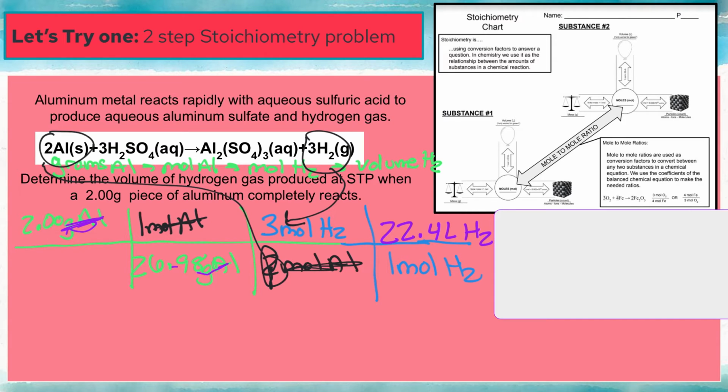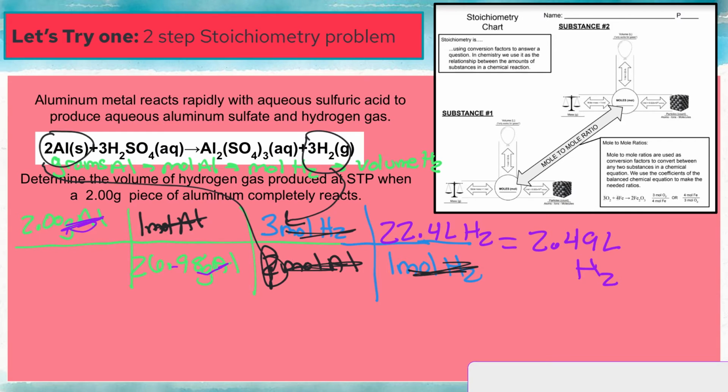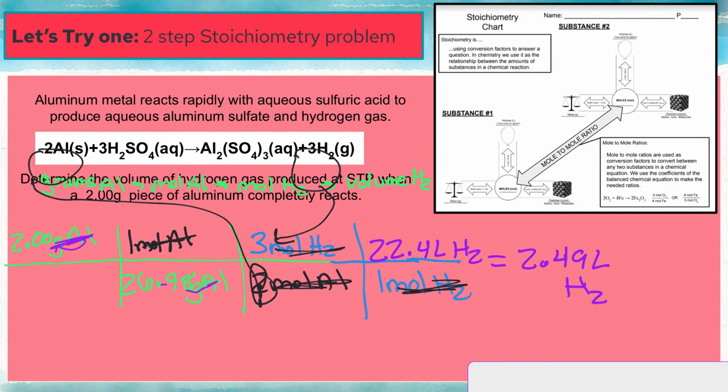So I use my 22.4 liters of hydrogen per 1 mole. And so my moles of hydrogen cancel. When I put this in the calculator, I get 2 divided by 26.98 times 3 divided by 2 times 22.4 liters. And I am left with 2.49 liters of hydrogen as my answer.